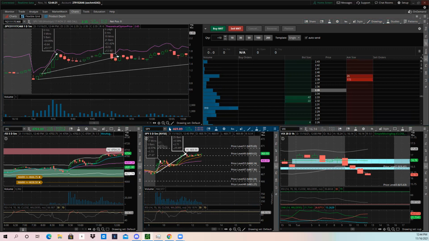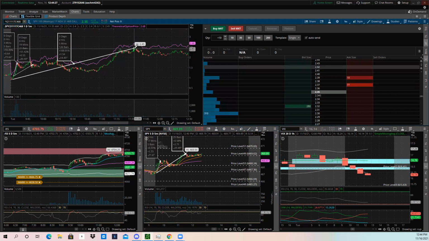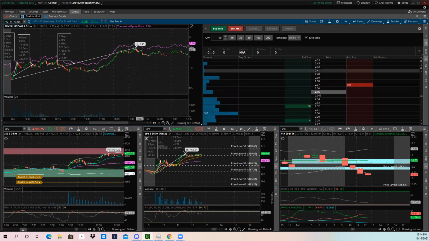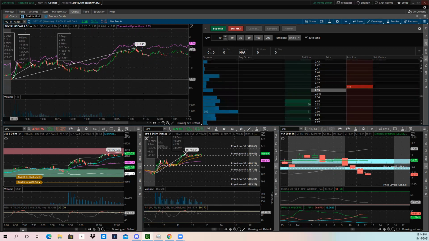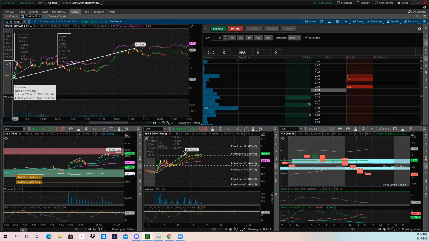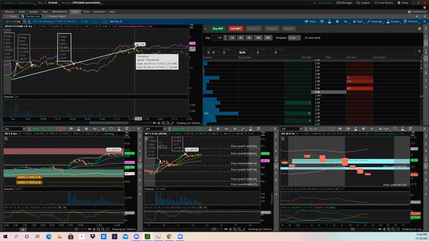But if we go back to the option chain data, if you would have bought at market open and sold at that previous high at 469.94, originally they were worth 93 cents a contract, and then up to $2.45 per contract. You multiply that, that's $245.